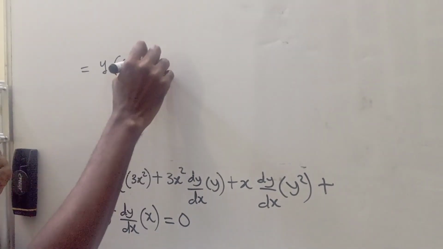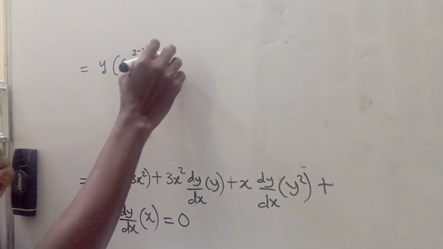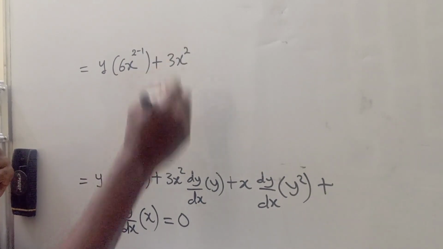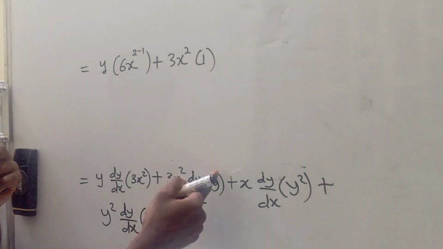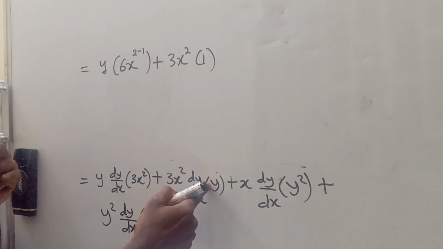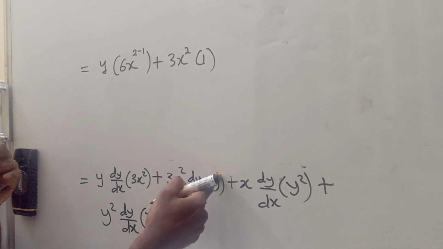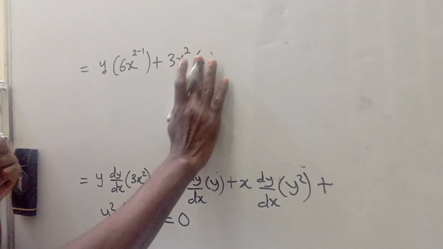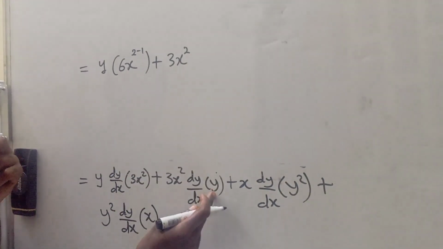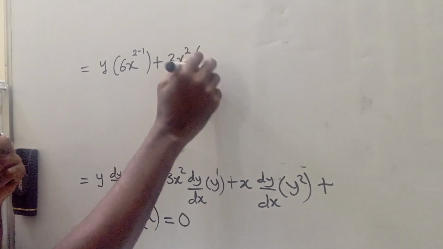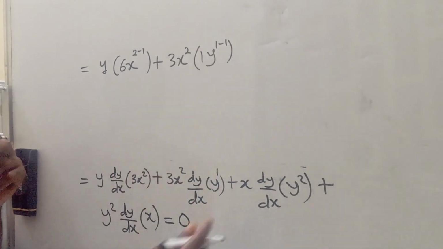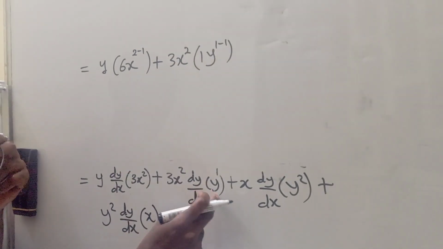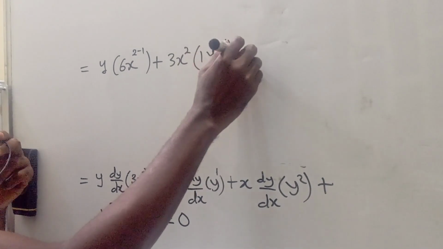Plus, I have 3x squared. Now, if we differentiate y, there's a power 1 here. It comes down, so it's 1 times y raised to the power 1 minus 1. Let me just write it so we see what we're doing. If we differentiate this, we are still going to keep this.